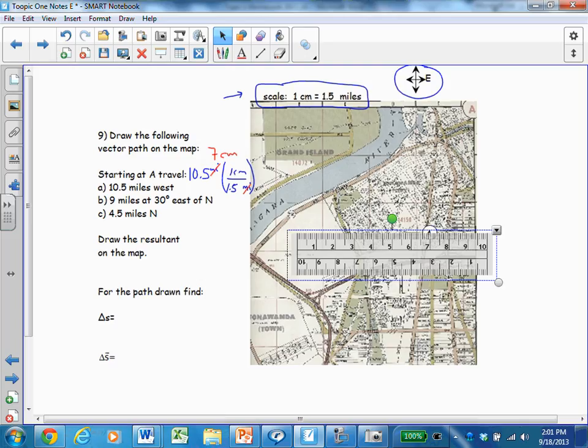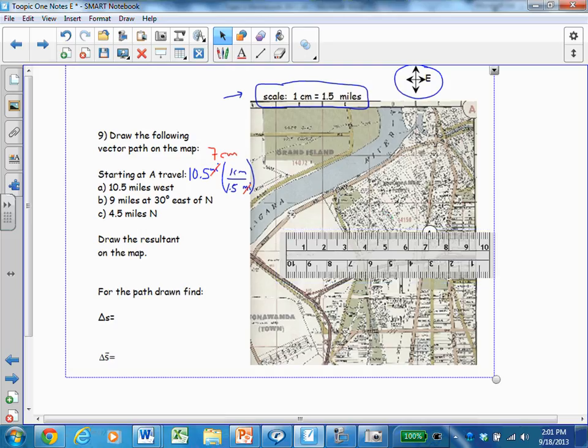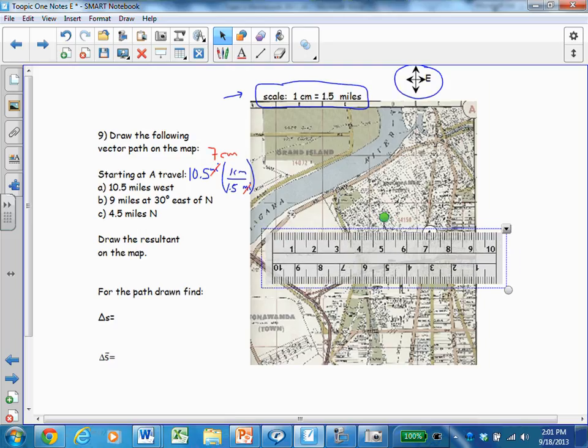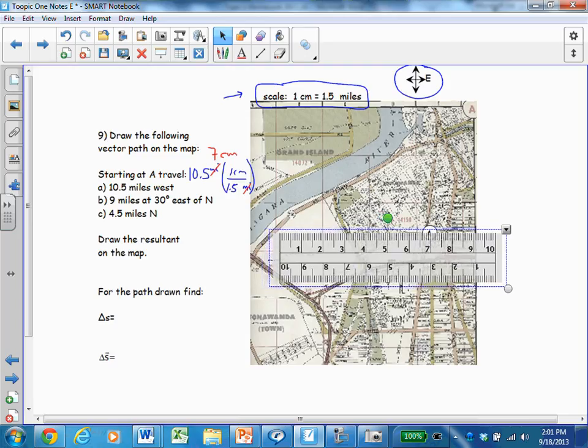Is this supposed to go a little bit out this way or a little bit back? Right here? Farther? Good? Too far? How's that? That's pretty close, right? Okay, so I went 7 centimeters.